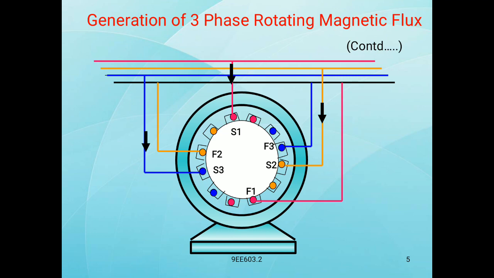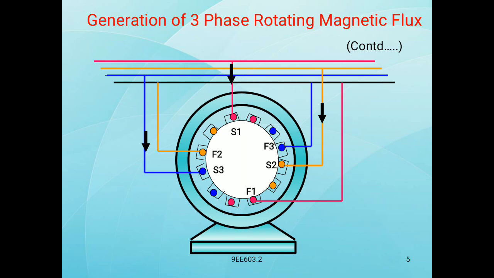Observe here S1, S2 and S3. These are the R phase, Y phase and B phase, and F1, F2 and F3. These are displaced by 120 degrees, three phases.